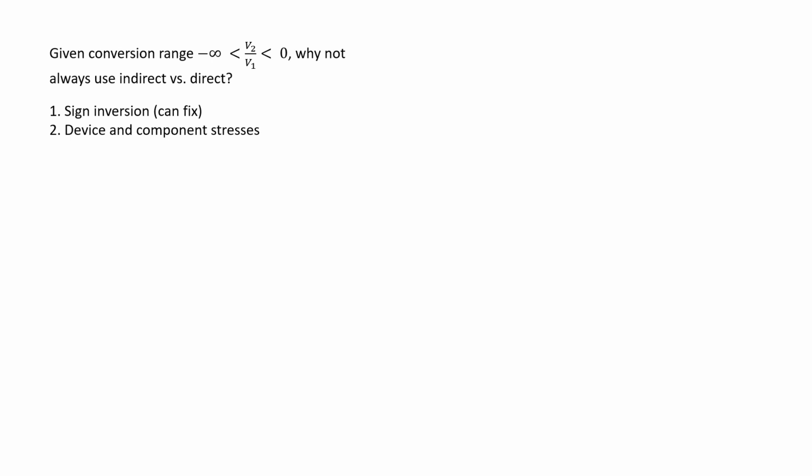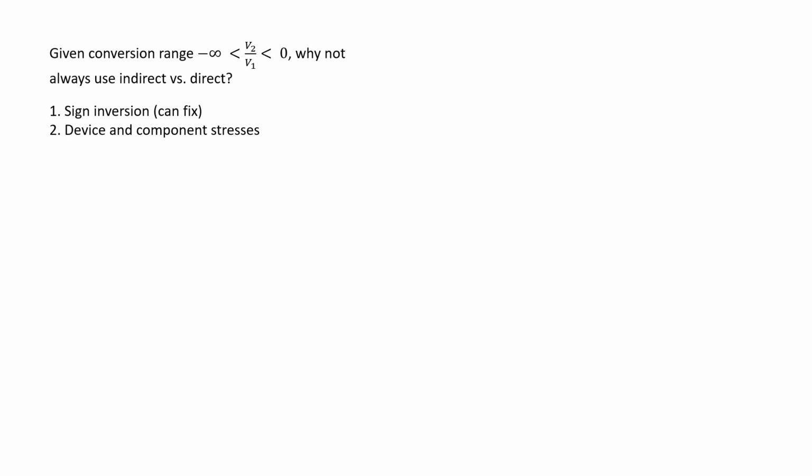The conversion ratio can take a very wide range. So why? Yeah, there are two problems, not really problems, but disadvantages of the indirect converter. One is the sign inversion, because the output has negative voltage. It can be fixed. You just need to carefully switch the polarity, okay?